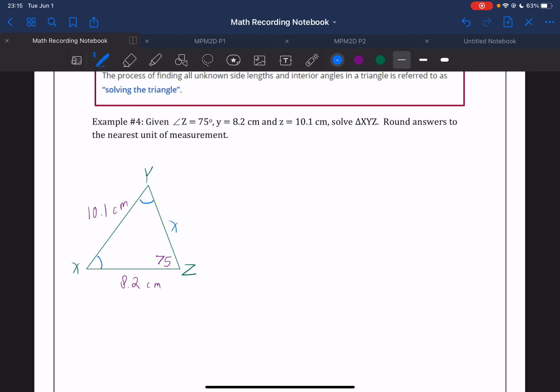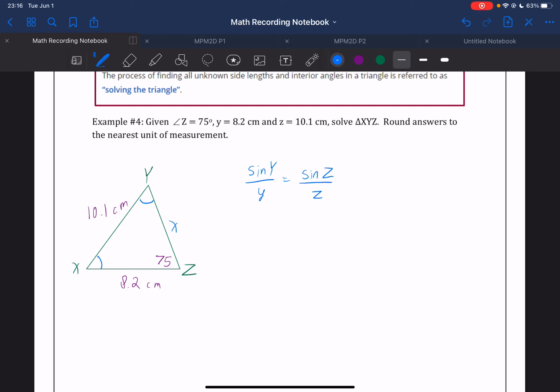We need to find out what y is and what x is for our length. So let's start off by going and finding the angle y. We have the length for that, which is what we need. We can't go solve for x yet because we don't have the angle and we also don't have a side length. So we have to wait until we find the angle for x, but we can find the angle for y because we have a side and an angle and we have a side here. So that's what we're going to start off by doing. We have sine y over little y equals sine z over little z.